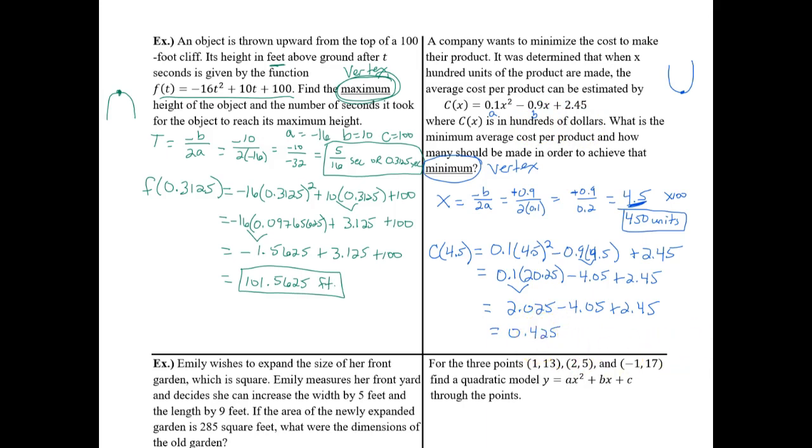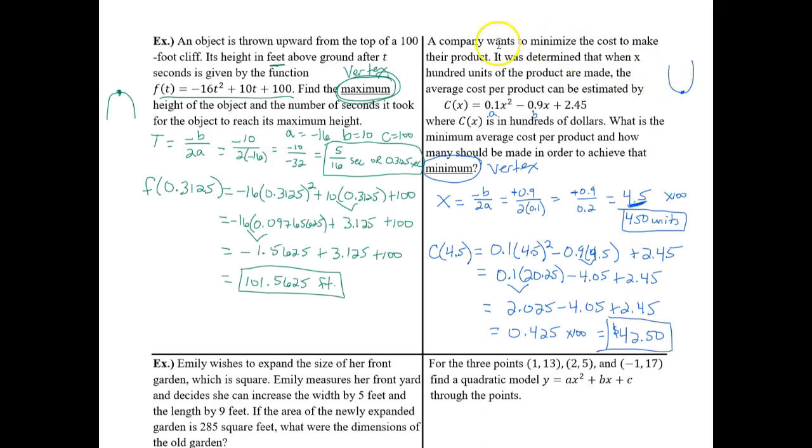We have to take that answer and multiply it by 100, because it's in hundreds of dollars, and we would get $42.50. So the minimum cost to produce that product would be $42.50, and we would have to produce 450 units to reach that minimum cost.